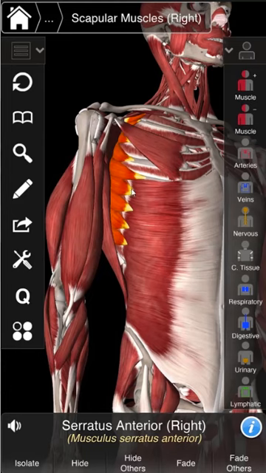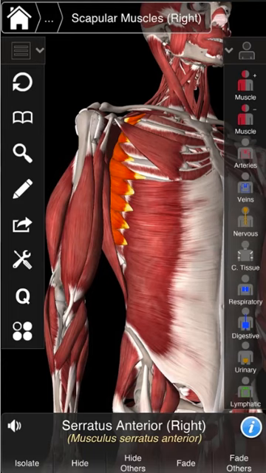And it gets that appearance from its origin along ribs 1 through 8, again starting up here at the top and working our way down through the next 7 ribs. It goes up underneath, on the anterior aspect of the scapula, and inserts along the medial border of the scapula. I mentioned last time in lab that the scapulothoracic articulation is not a true joint.